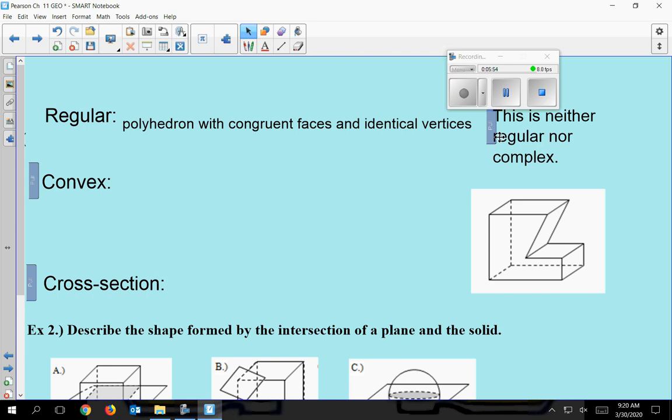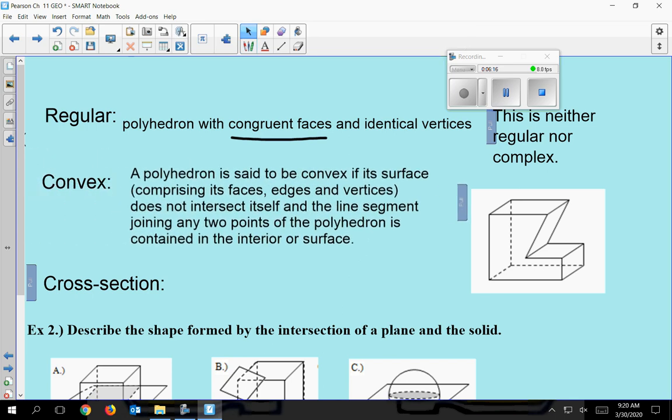So really the important thing is all the faces, whatever they might be. They might all be triangles, rectangles, squares, whatever, hexagons, pentagons. All the faces are congruent. Convex is kind of the opposite of that.